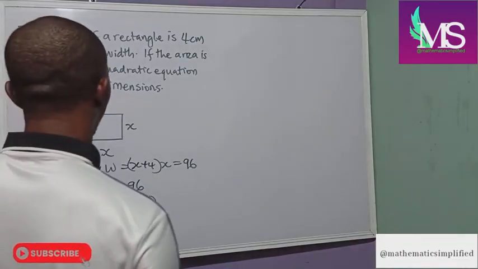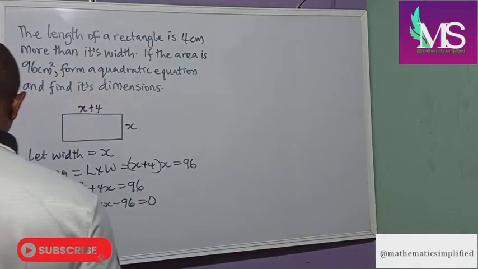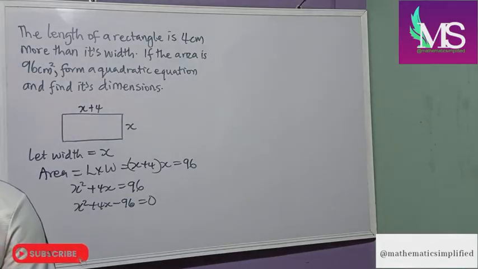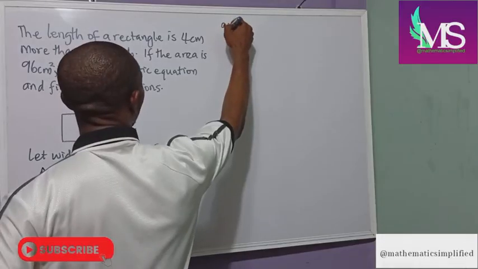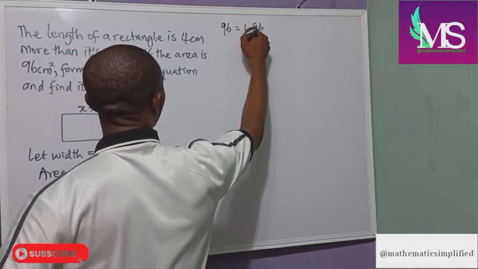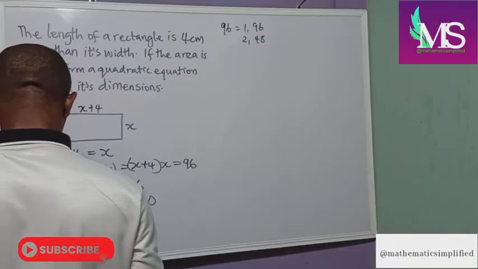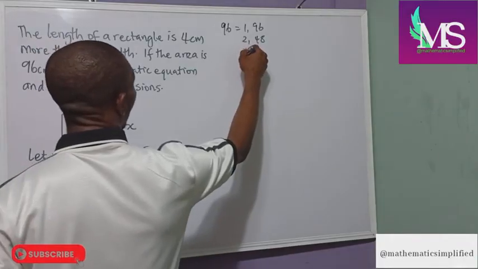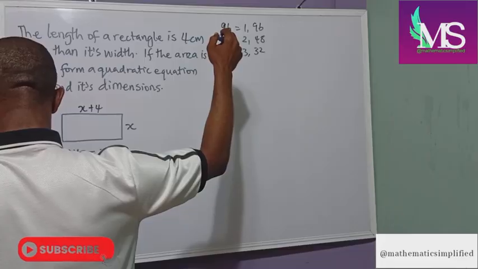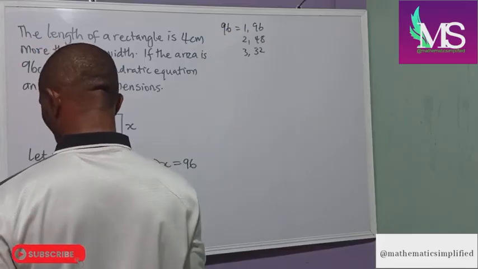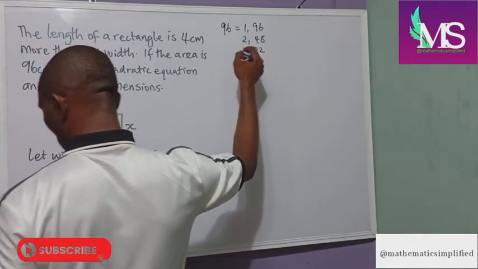Now, what are the factors of 96 that will give 4? Let's count the factors of 96. We have 1 and 96, 2 and 48, 3 and 32, 4 and 24.